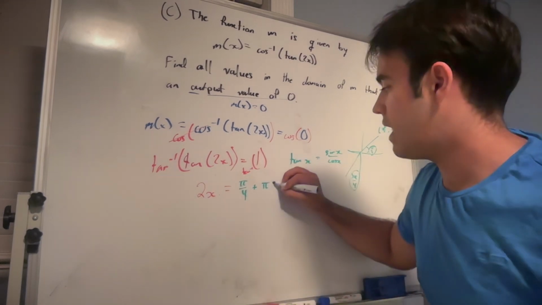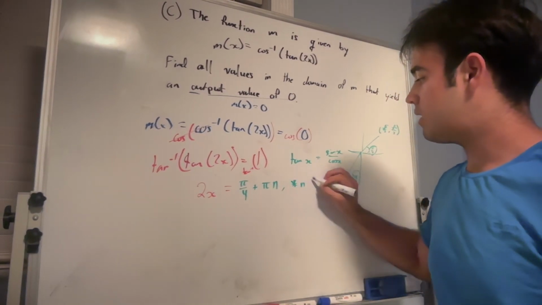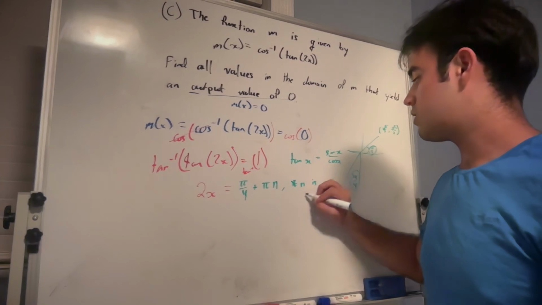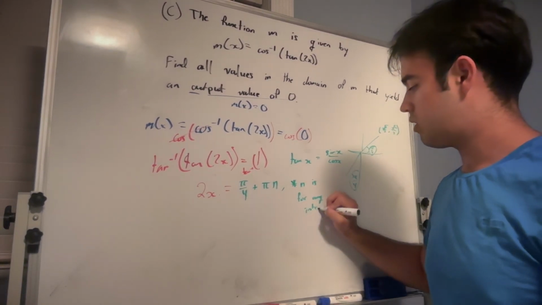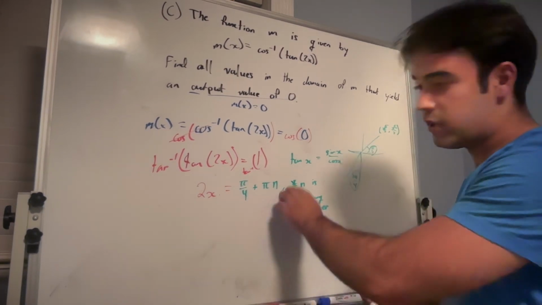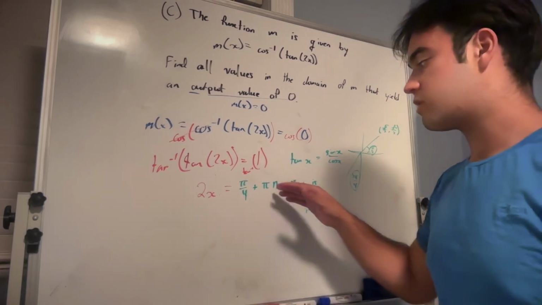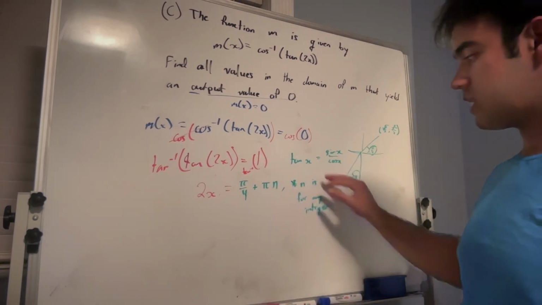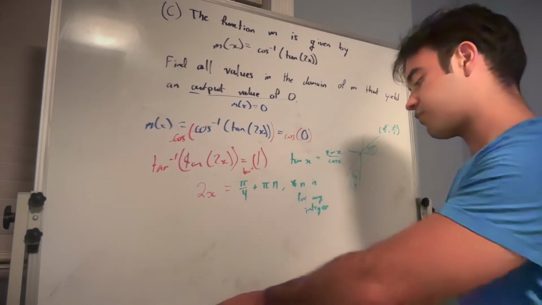So I'm going to write an n here, and I'm going to specify that this n is for any integer. So it could be like 1 pi, 2 pi, 3 pi, negative 3 pi. It doesn't matter, but that's essentially what it means. You don't have to write this statement down on your actual FRQ, but you do have to include the n.